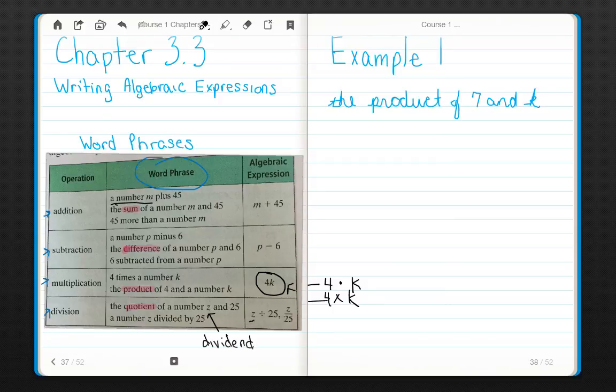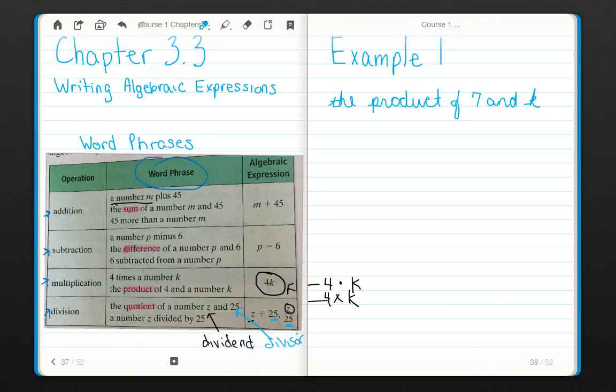So it is this number or it is the numerator if it looks like division. The second number is your divisor. It's the second number, your divisor, or it's the denominator.